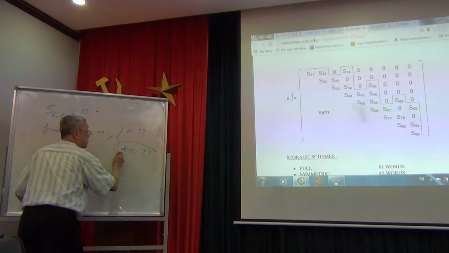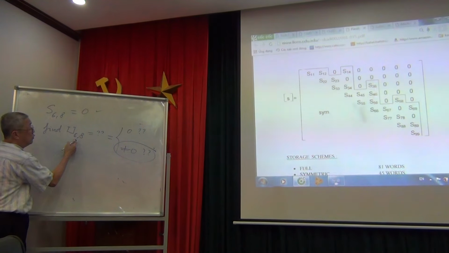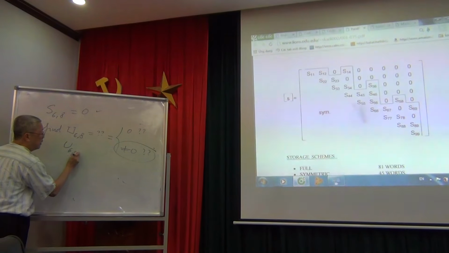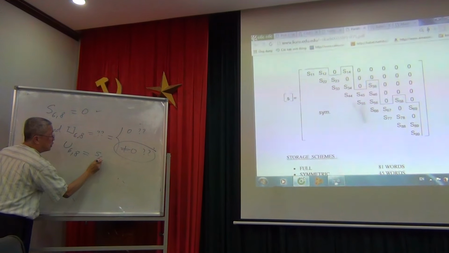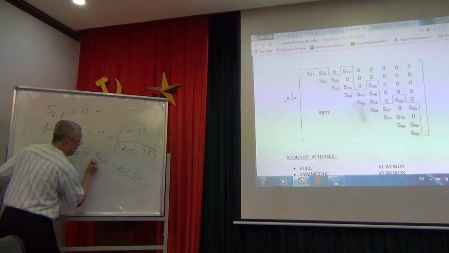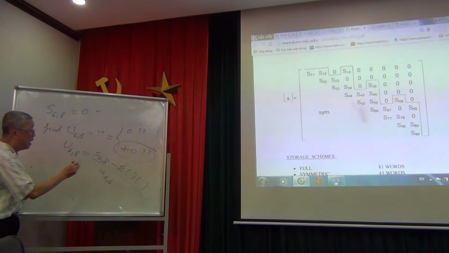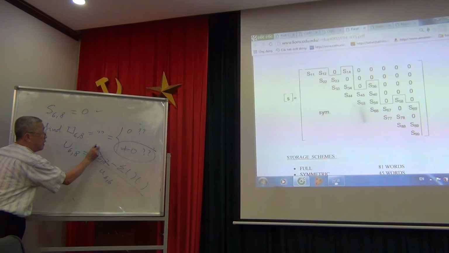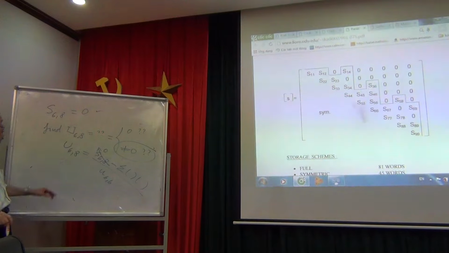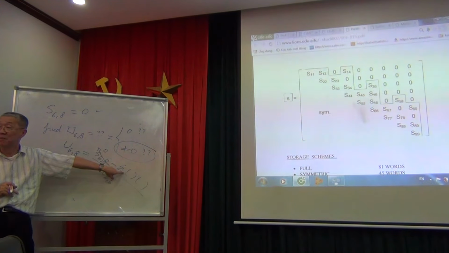So most of you say this one, right? Okay, let's try to figure it out. According to this formula, U68 should be equal to S68 minus the summation of the product, right? Divide by U66. Okay? Now, of course, this is 0, right? This is 0. So this guy is 0 or not, depending on this term.